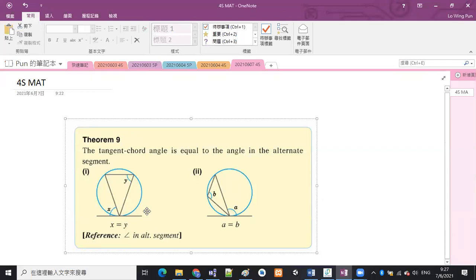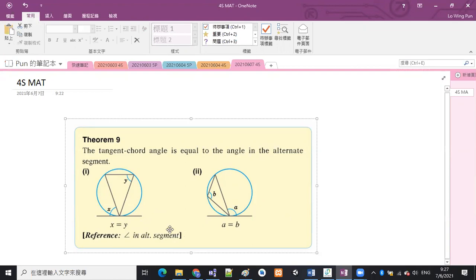And if in the diagram you can find two tangents from the same external point, then most probably you are going to use the reason about tangent properties. But if both are not in the diagram, then most probably you are going to use the third one, which is called angle in alternate segments.